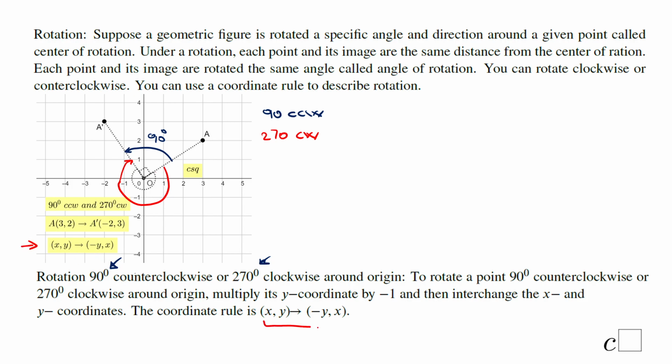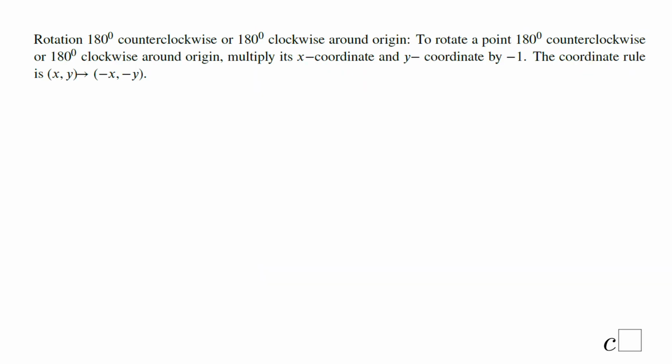That's the reason I'm going to use the word switch here. So if you notice, we start from (x, y), and the first thing you can do is switch x and y and then change the sign of y, or you can change the sign of y and then switch. I think that's what it says here at the bottom. Okay, so this is the rule, but we have two more rotations. Another one is 180 degrees counterclockwise, which is the same as 180 degrees clockwise.